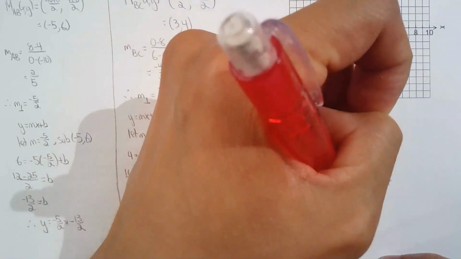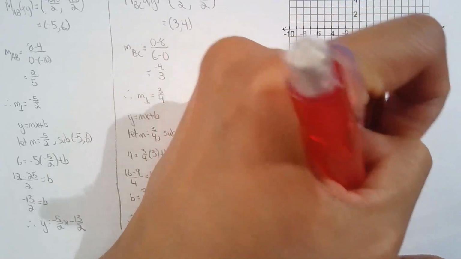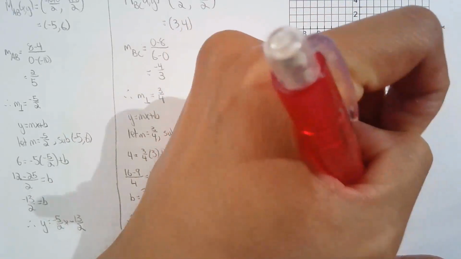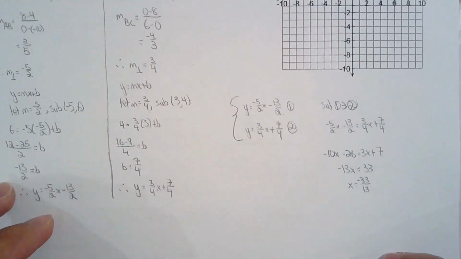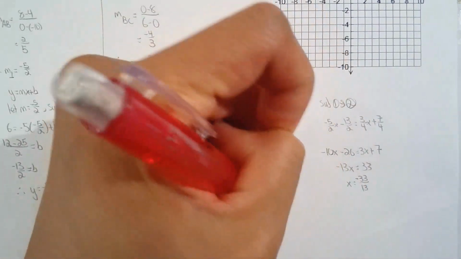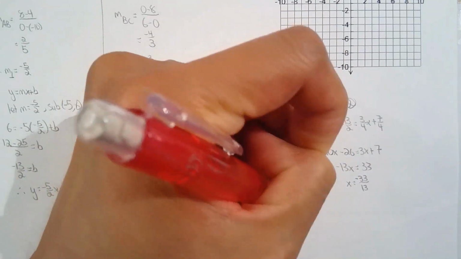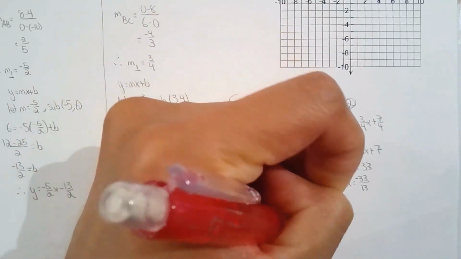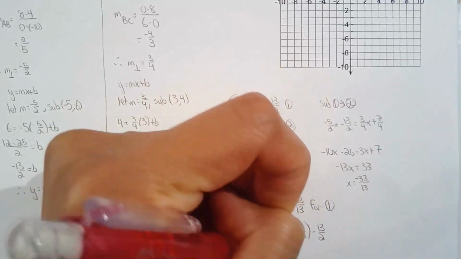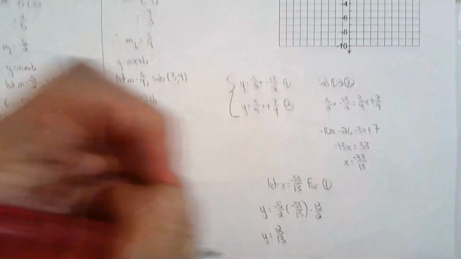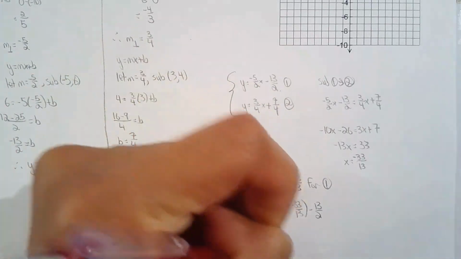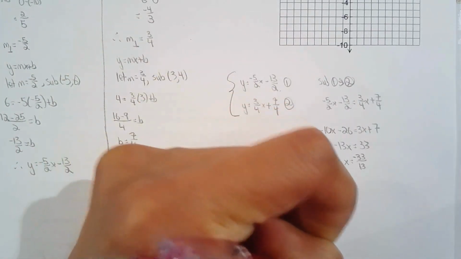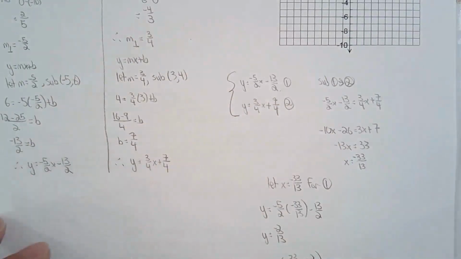This will be negative 13x equals 33. Oh yes, I see a friend. Yes. Let x equal negative 33/13 for equation 1. Bam, okay.